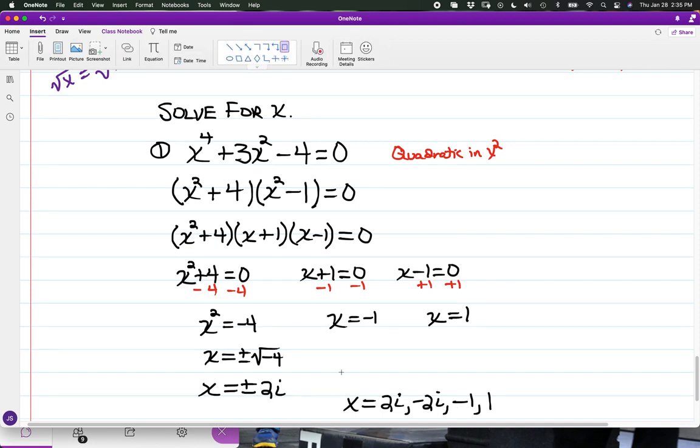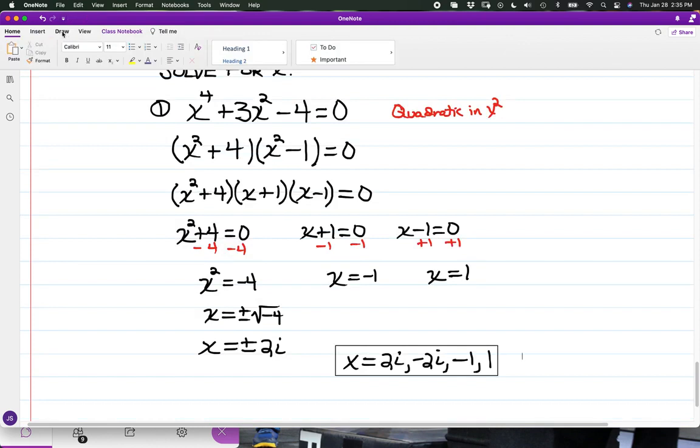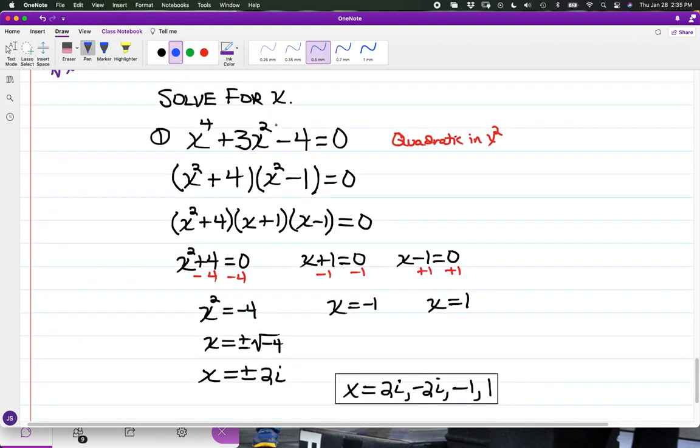And let me mention here, for what we had with x to the fourth, especially if the equation is a conditional with the degree of the variable being 4, this means you could possibly have 4 solutions, and we did in this case with 2i, negative 2i, as well as negative and positive 1.